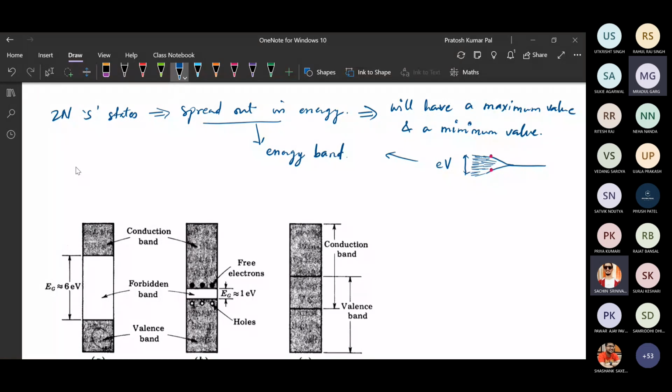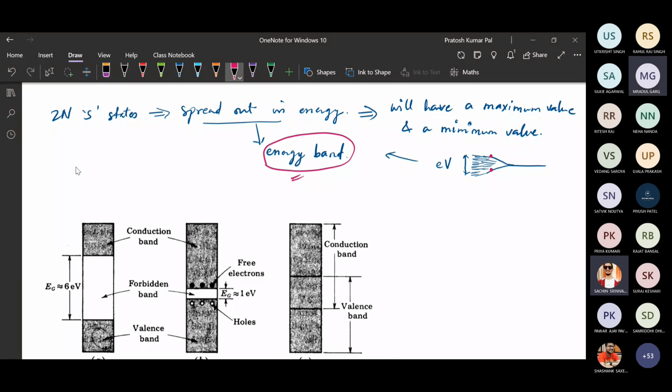Previously it was an energy level. Once the interatomic distance is made smaller, the energy lines will spread and form discrete energy levels. The collection of these discrete energy levels is basically an energy band.